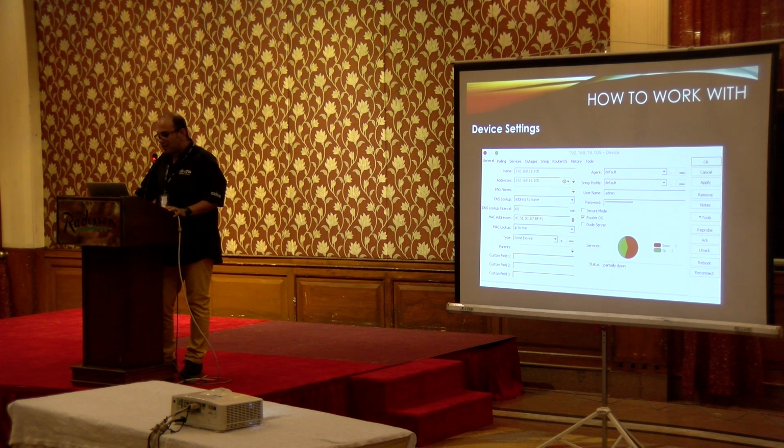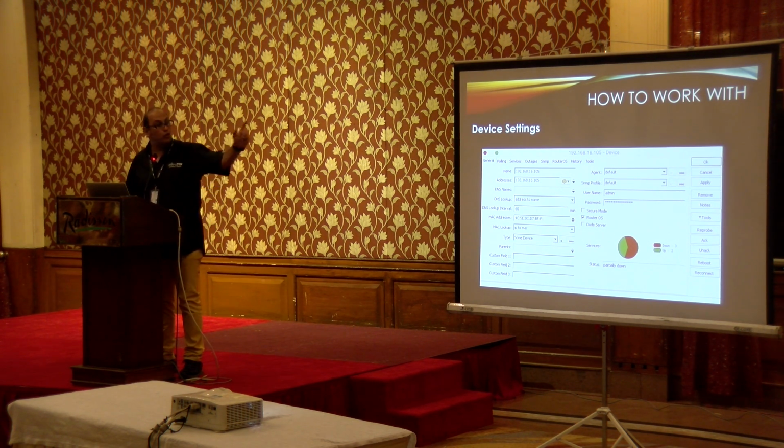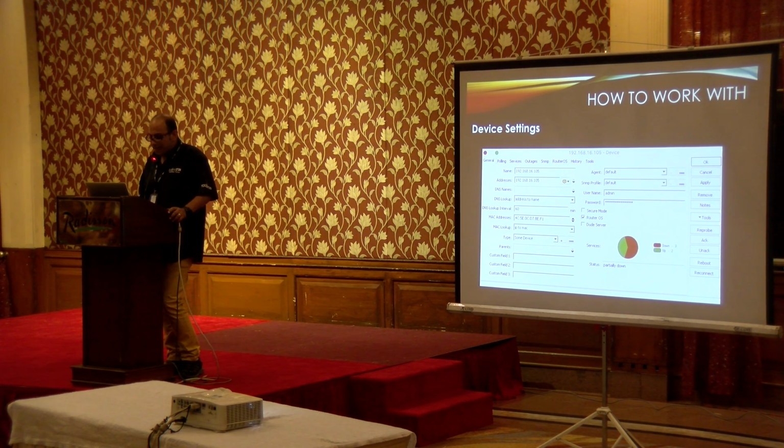But there is some other information also, MAC lookup. If the device should be accessed through the agent, then you need to provide the agent information, the username and password of the device. But it also shows the availability and status of the device, how long it was online.